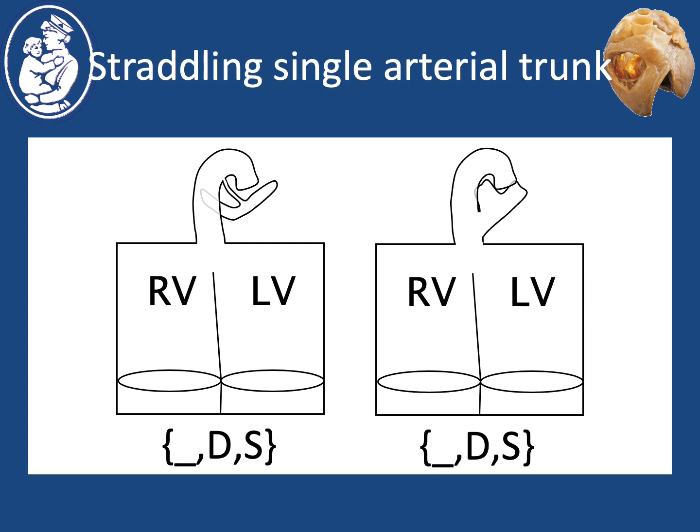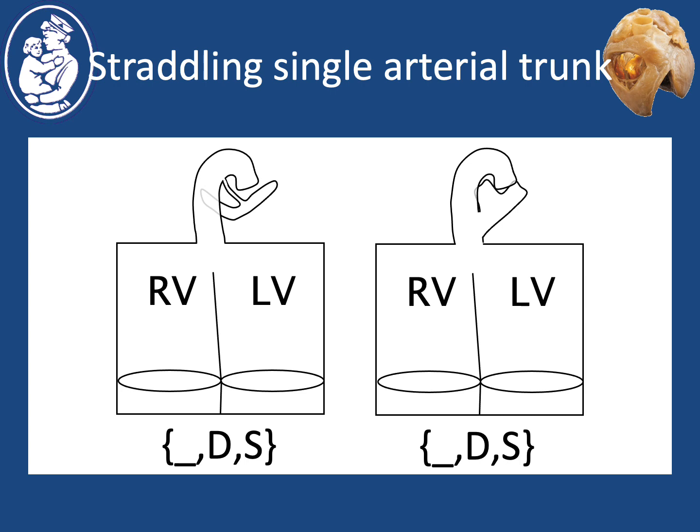One can have tetralogy of Fallot with pulmonary atresia, for example, where there's no main pulmonary trunk, and the source of pulmonary blood flow is either a ductus, as shown in the diagram on the left, or multiple collateral arteries. The other possibility for an overriding single arterial trunk, of course, is truncus arteriosus, illustrated in the right cartoon.